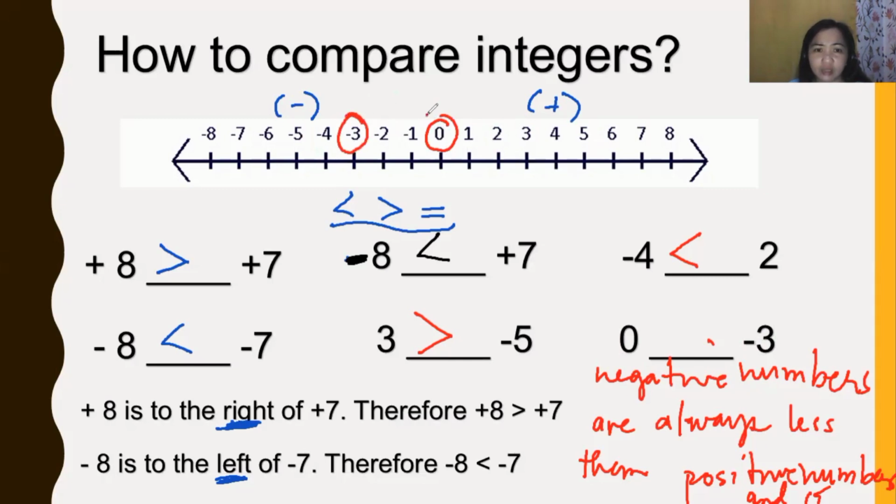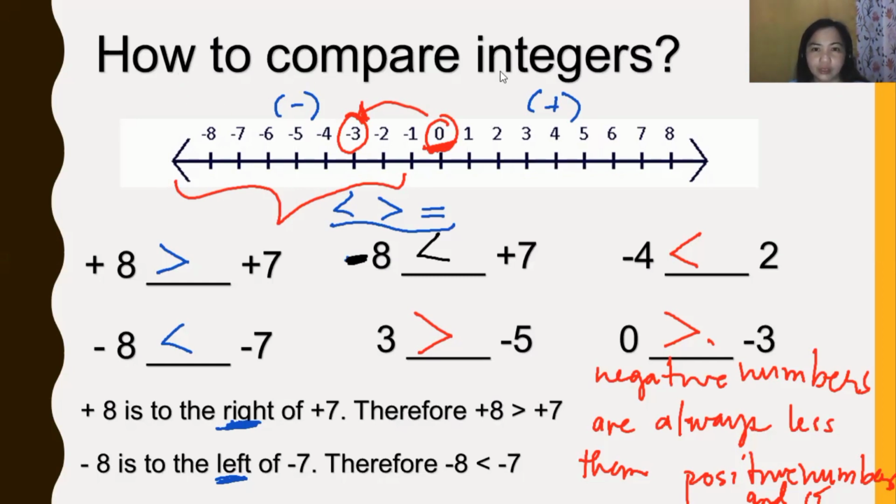So, si negative 3 nasa left at nasa right si 0. 0 is at the right side. Therefore, 0 is greater than negative 3. So, kasi pag sinabi nating negative numbers, parang mga utang pa yan, di ba? Pag negative, parang may kulang ka pa, may utang ka pa. Kaya pag sinabi umutang ka, you have negative numbers kasi that represent negative utang, di ba?